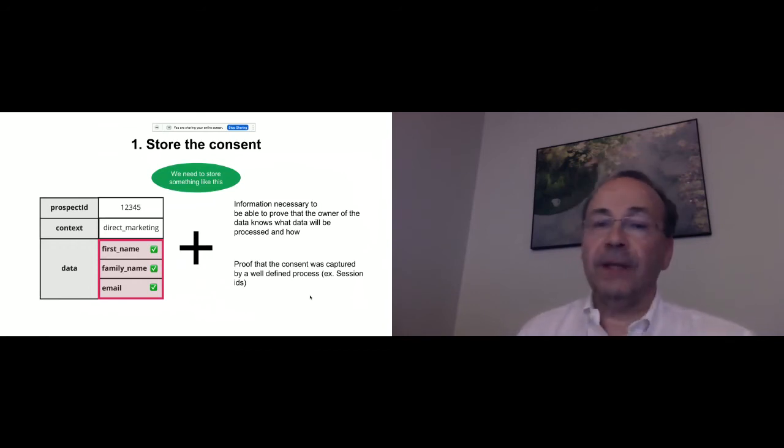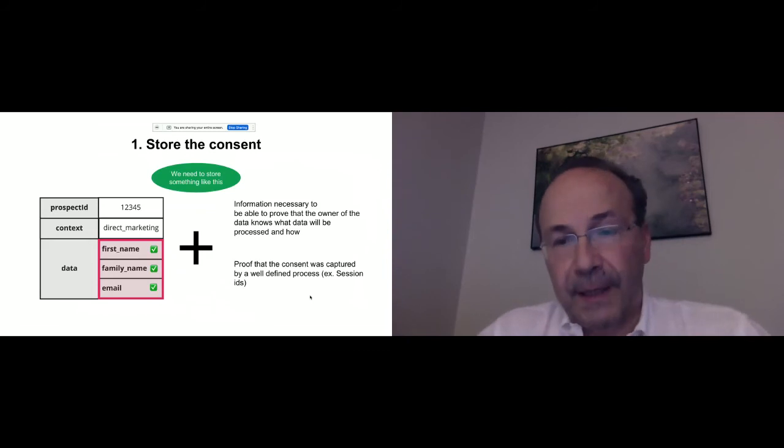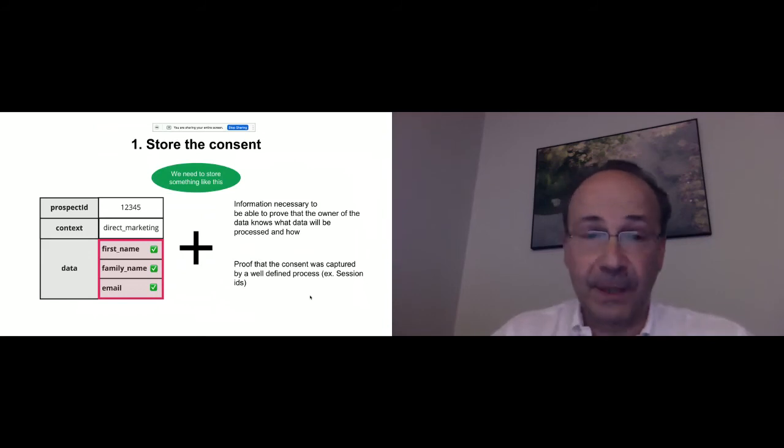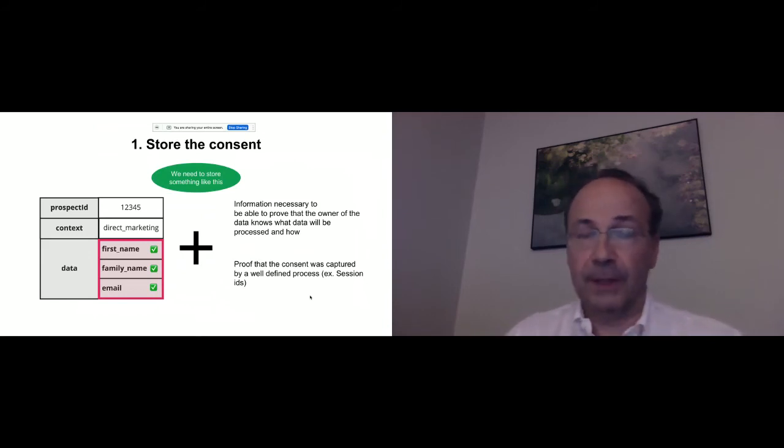This is not the only thing that we need, though. On the right hand, you'll see that we need some information to be able to prove that the owner of the data knows what data will be processed and how. We also need to store some proof that the consent was captured by a well-defined process. For example, a session ID, if it was captured.